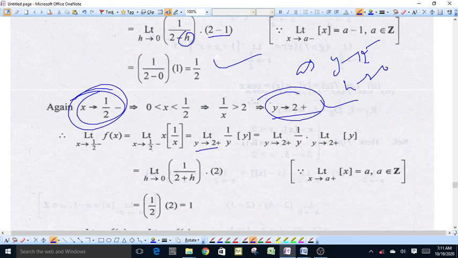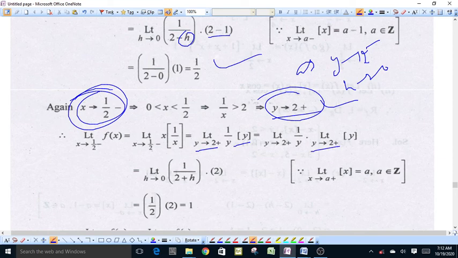By putting the value of x, x is equal to 1 by y and 1 by x is equal to y, this limit will be equal to limit of 1 by y as y approaches to 2 from right into limit of greatest integer y as y approaches to 2 from right.